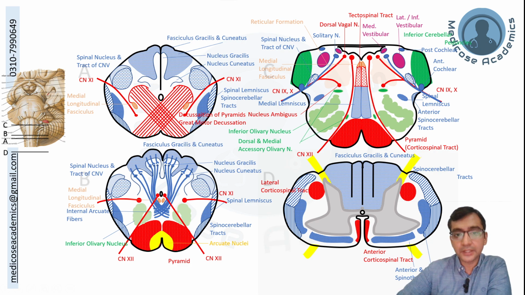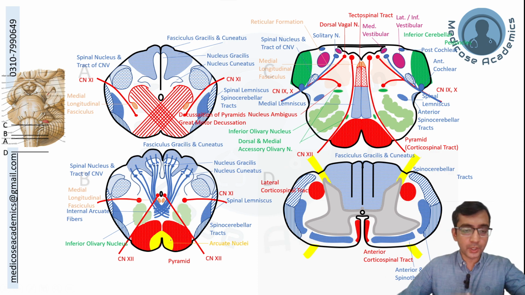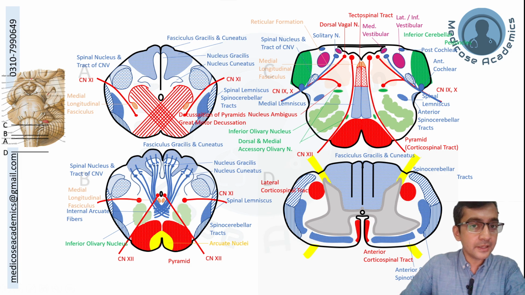And last but not the least, these are the arcuate nuclei. These are the downward displaced pontine nuclei, and these are making a relay center for corticopontocerebellar tracts.